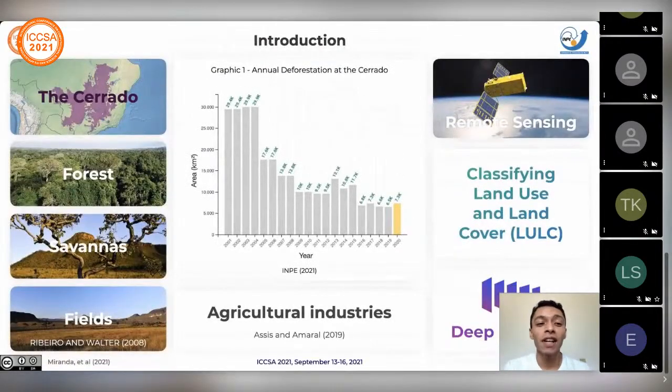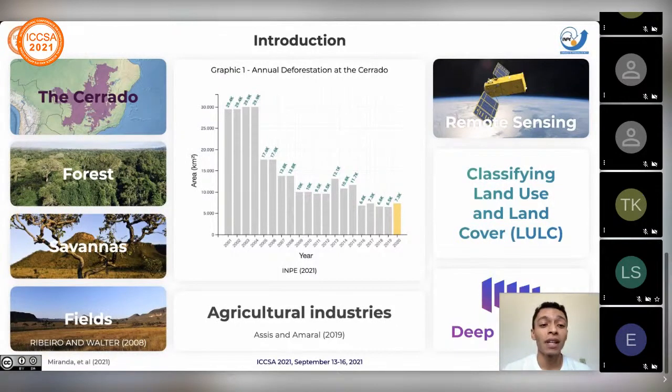Well, the Brazilian Cerrado corresponds to 23% of Brazilian territory and has rich floristic biodiversity, from forests, savannas, and fields, and animal species such as the maned wolf.